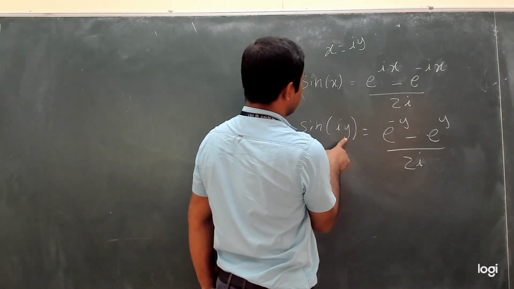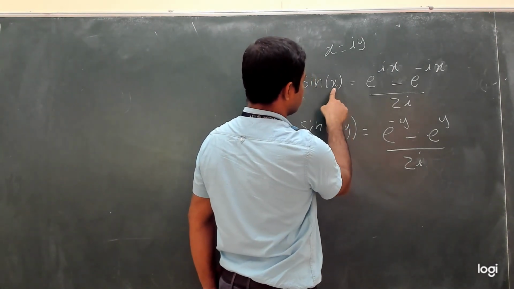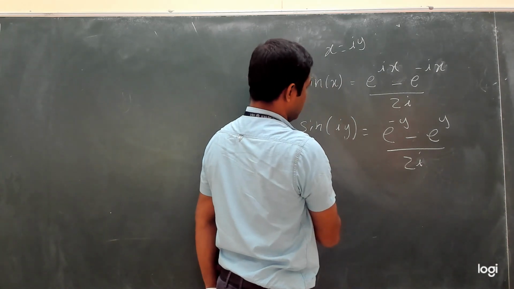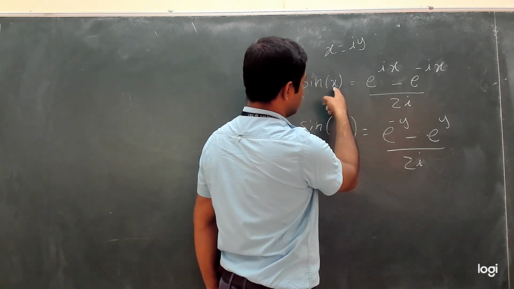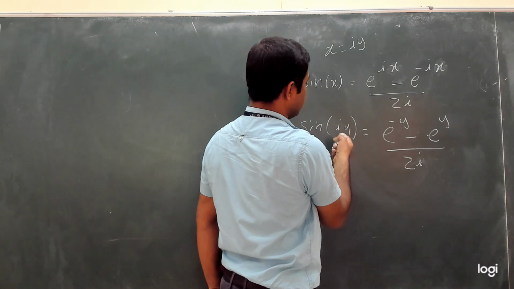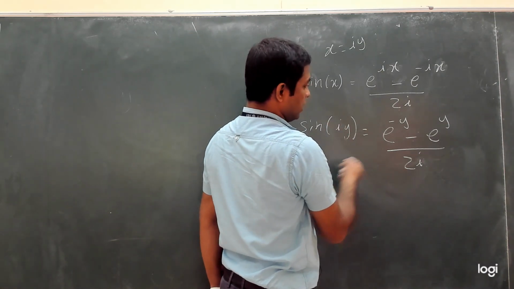Here y is a real number, and x is a real number, because in this expansion x is a real number. But if x is purely an imaginary number, you can write it like this, and it will become like this.